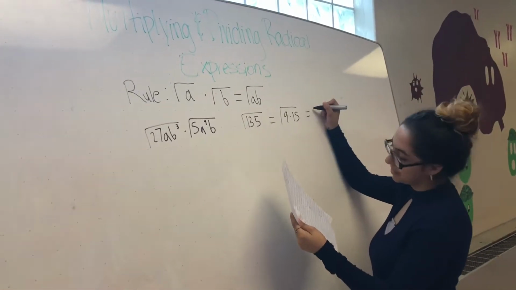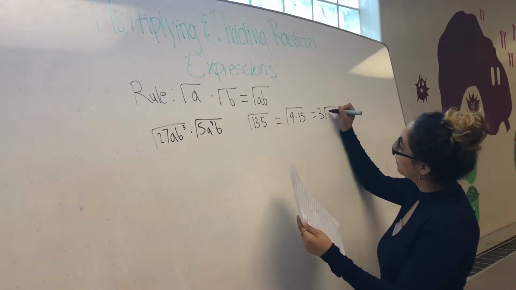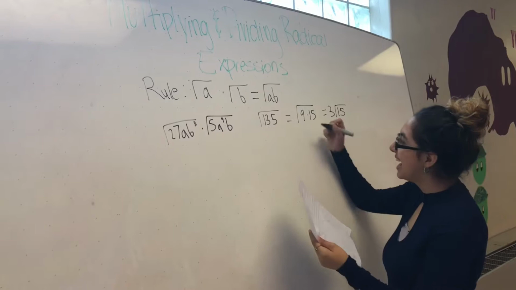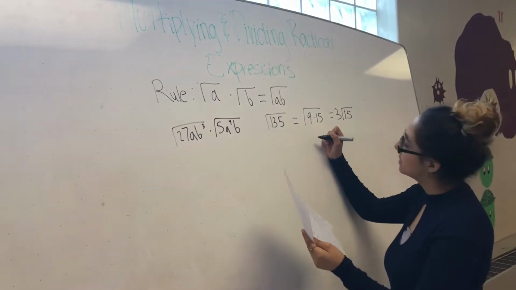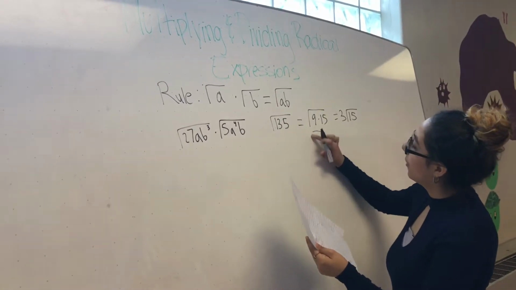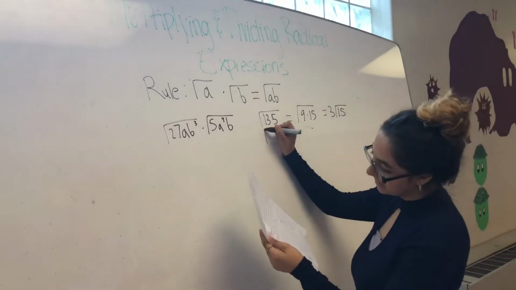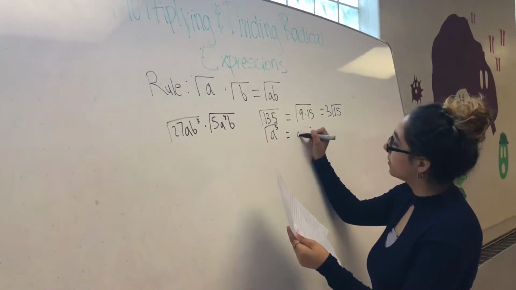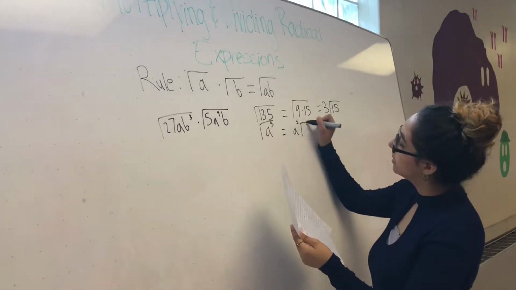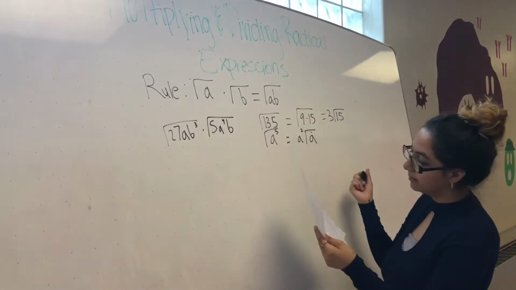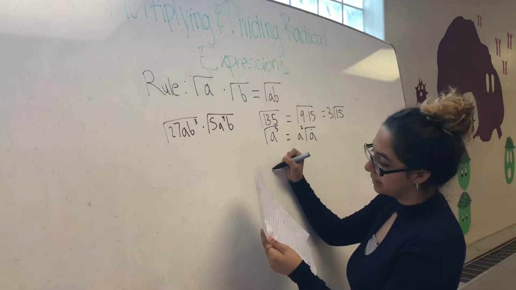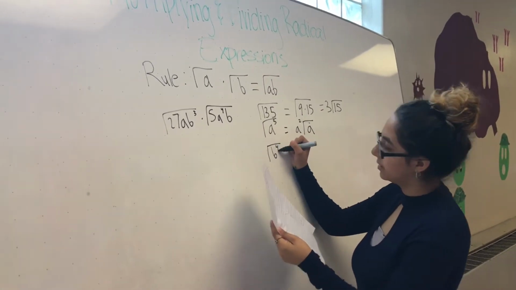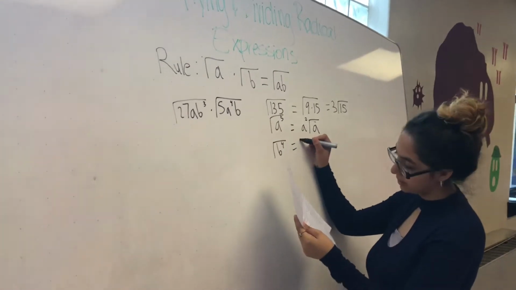Then that will simplify even further to 3 root 15. Now moving on to the a's. Square root of a to the 5th equals a squared root a, and then the b's. So b to the 4th equals b squared.